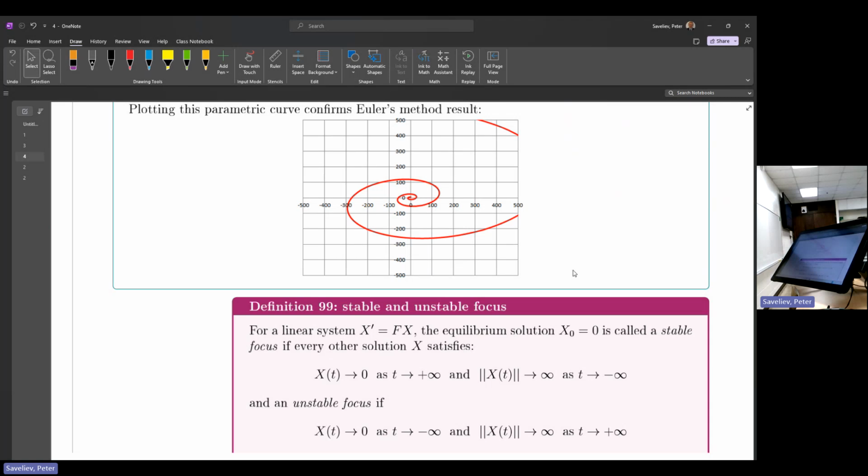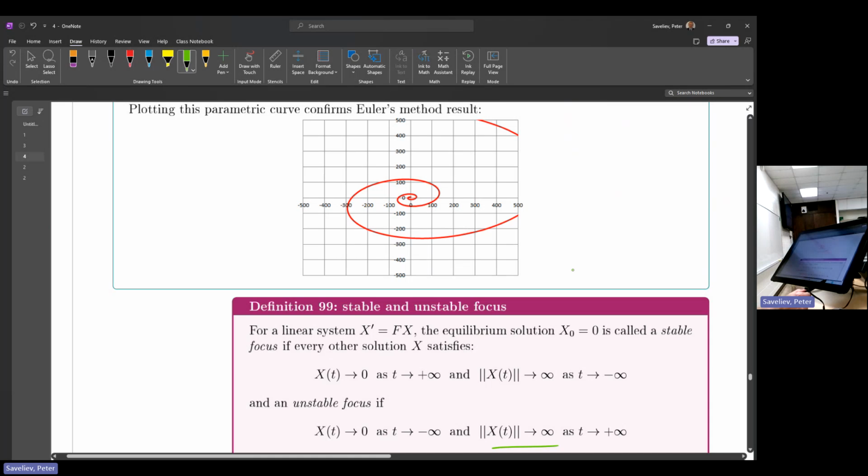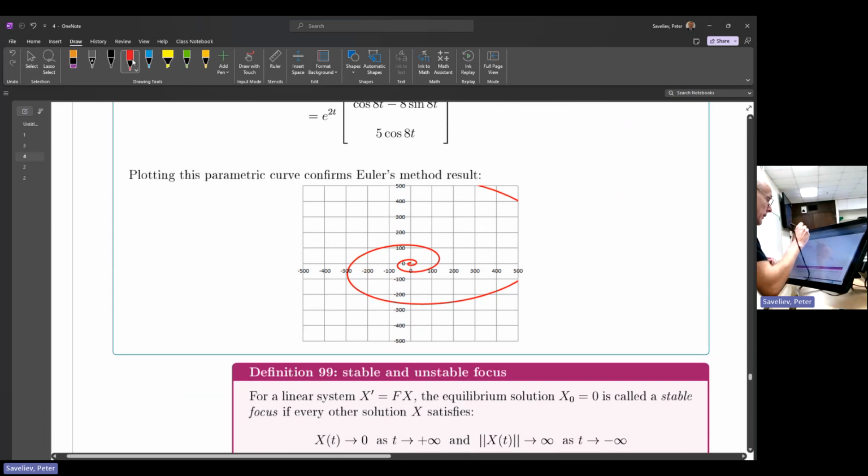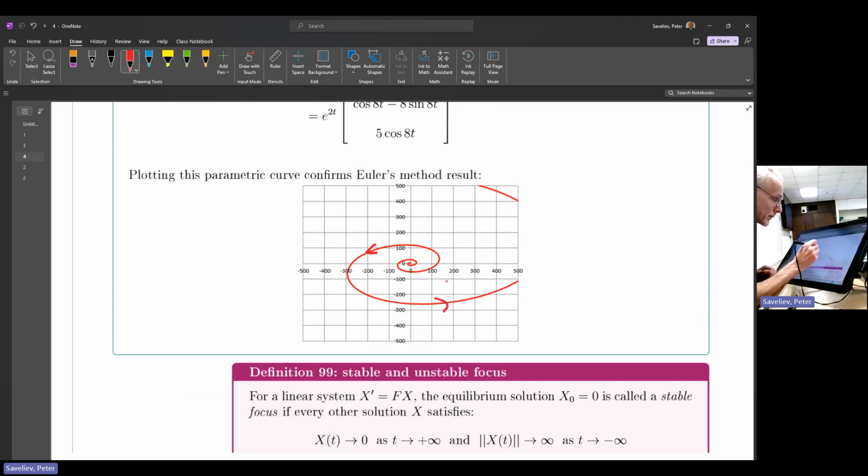In that case, we describe it as either a stable focus or an unstable focus. As you can see, this one has no arrow, unfortunately, so let me add the arrow here, but this one runs away. Okay, so it runs away, and so that's an unstable focus. So stable focus is when we move towards it.